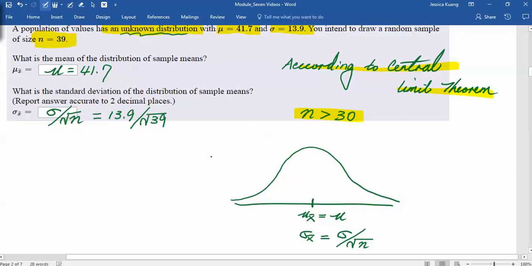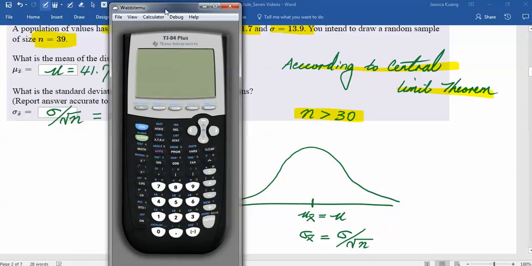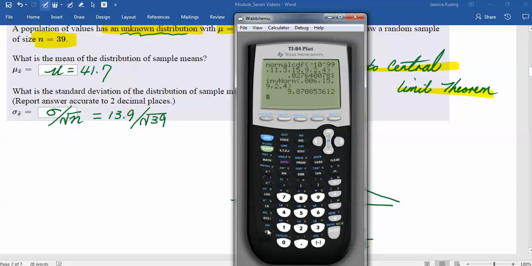Let's punch that into my graphing calculator. I just want to make sure you know where to close the parentheses. So 13.9 divided by square root. So I will press second x squared. That will pull out my square root.